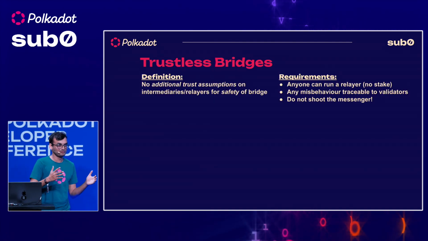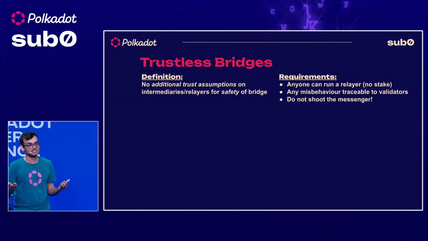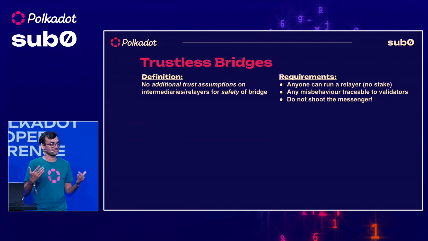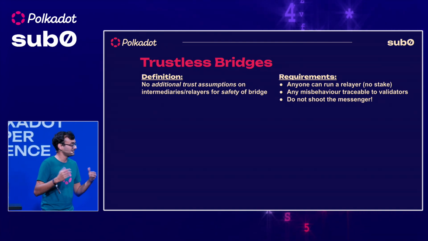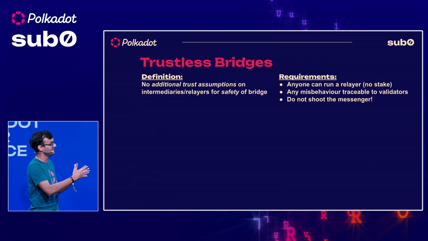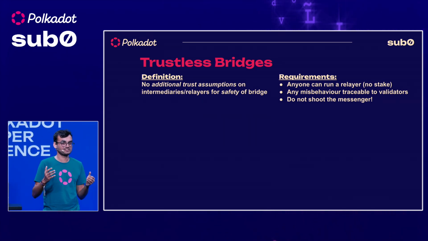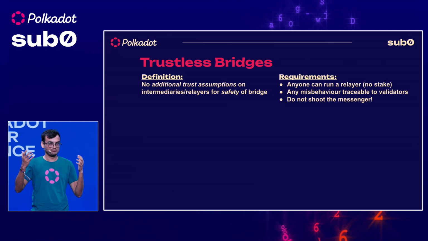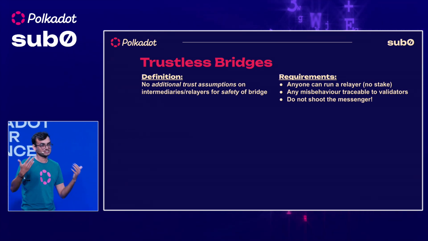So we don't want to go this trusted route, but have a trustless bridge. So let's define what trustless means here. Obviously, we still have to trust some things. By trustless, what I mean is that there is no additional trust assumption on the intermediary relayers for the safety of the bridge. So we still have the trust assumptions, like the BFT kind of trust assumptions on both the chains, but we don't have any extra assumptions.